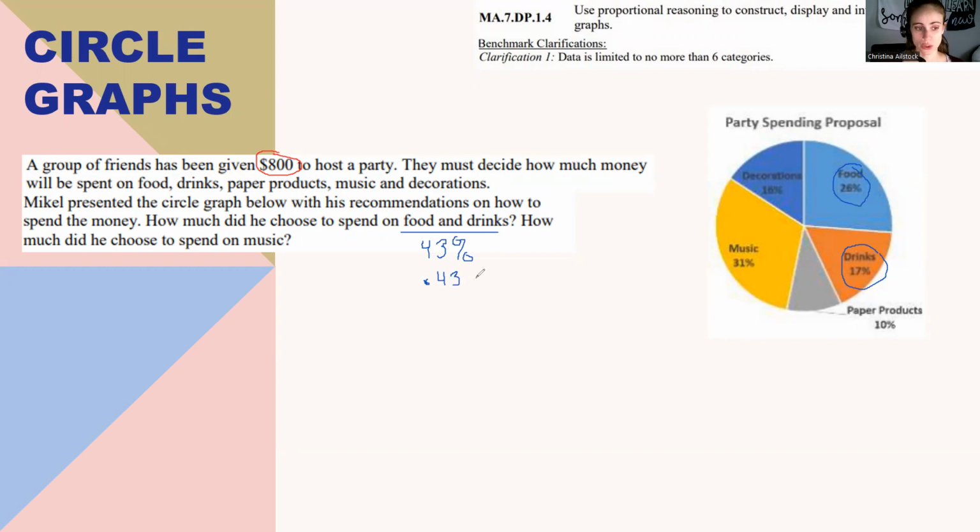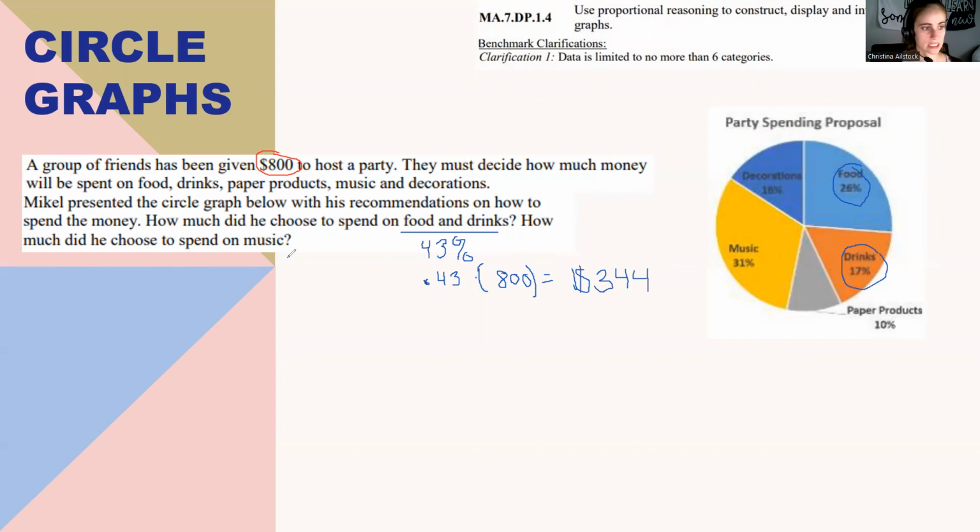And then we're going to multiply that by 800 because that is our budget. So the decimal 43 hundredths times $800 is $344. So he's going to spend $344 on food and drinks.